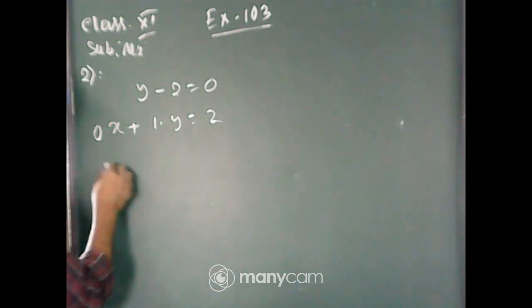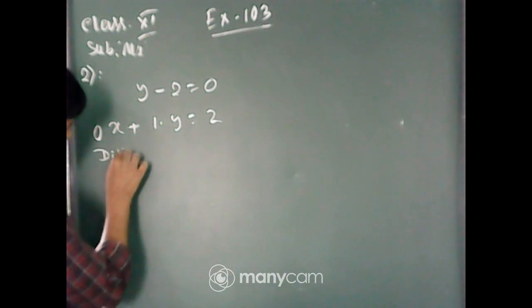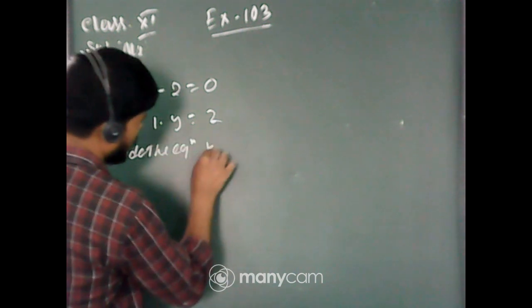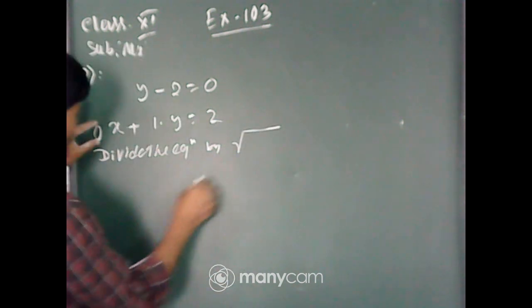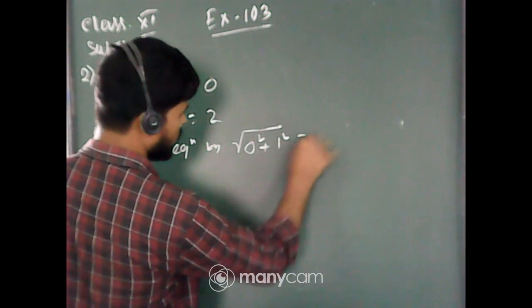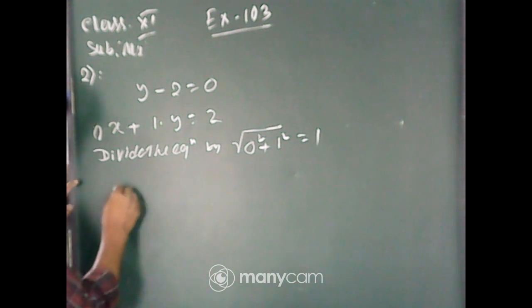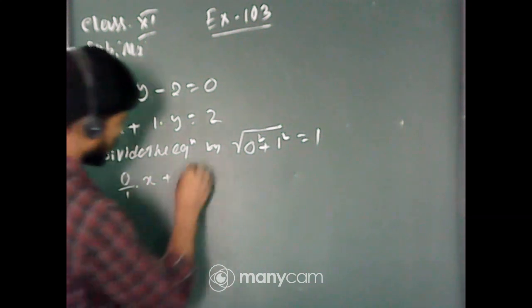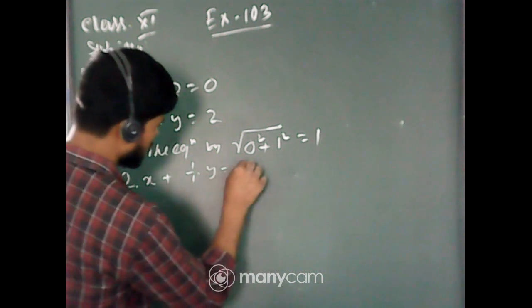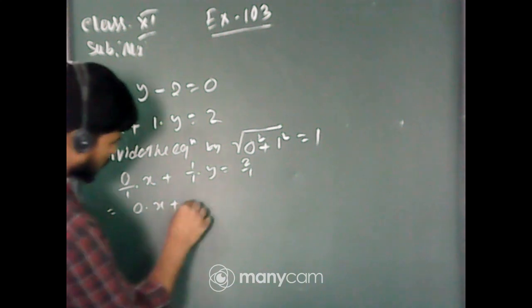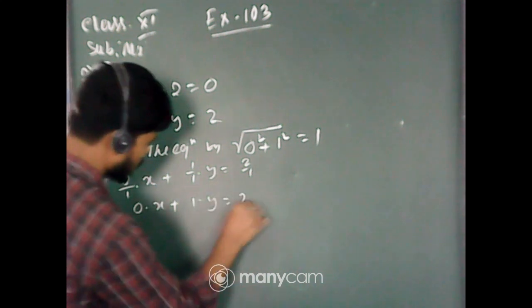So divide the equation by under root over of 0 square plus b square, means 1 square, that is equal to 1. We have 0 by 1 into x plus 1 by 1 y is equal to 2 by 1, means 0x plus 1y is equal to 2.